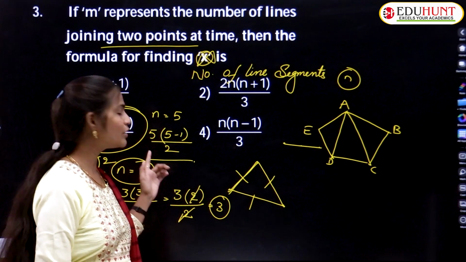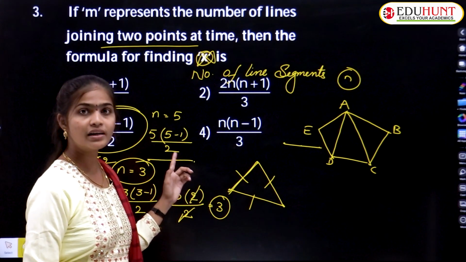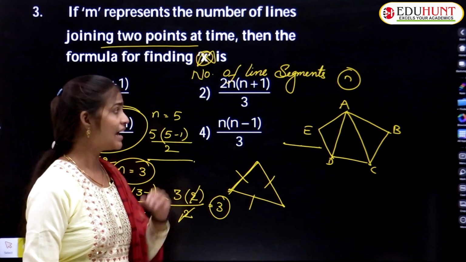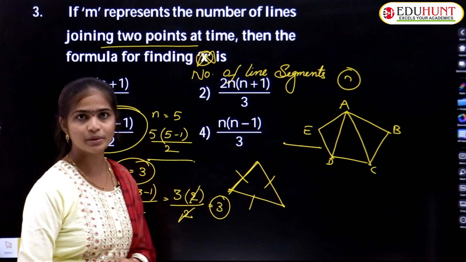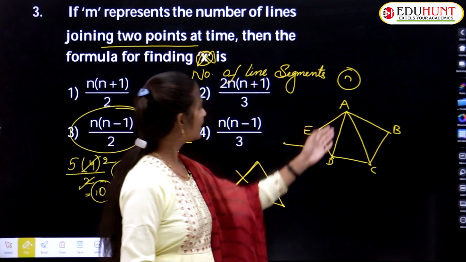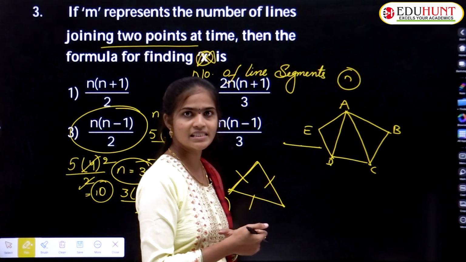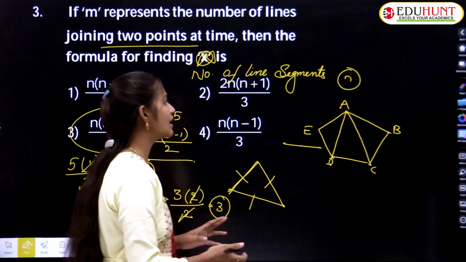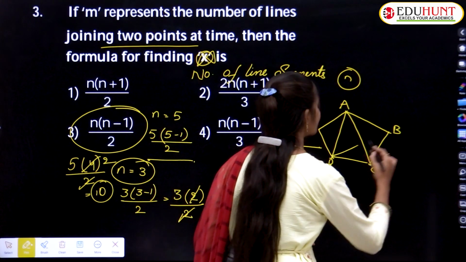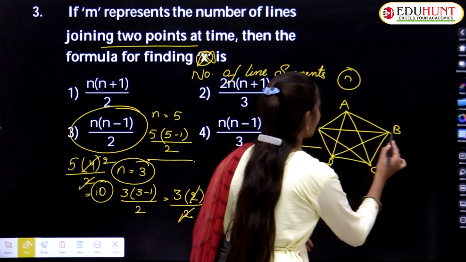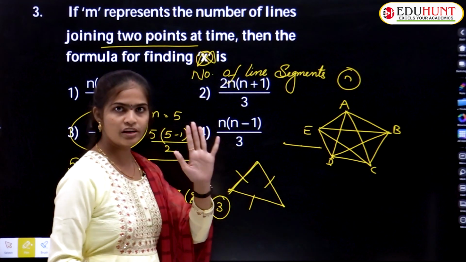Which formula am I using here? That is to find the total number of line segments, either diagonals or whatever they may be. Here A and D are there. If you join A and D, we get one more line segment. Yes or no? So how many line segments are there in total? Previously we had only 5 line segments.